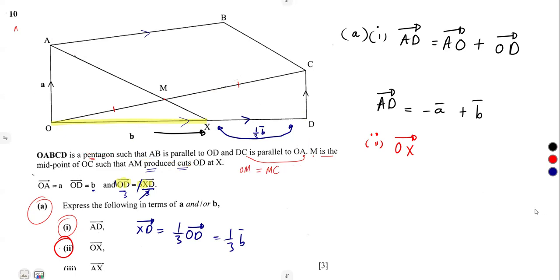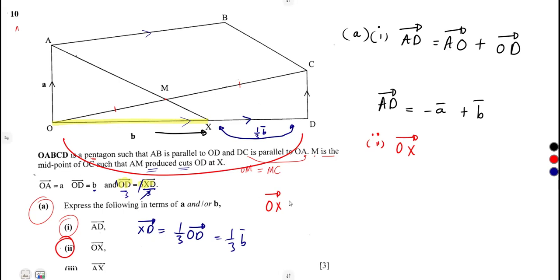So we can use a ratio if we want. Using the ratio, it was simply going to be this. Since XD is 1 over 3, it means one part of the whole vector OD, which is what? 3 parts.